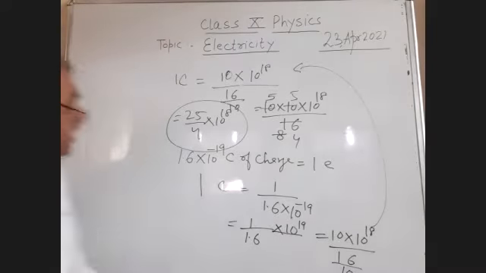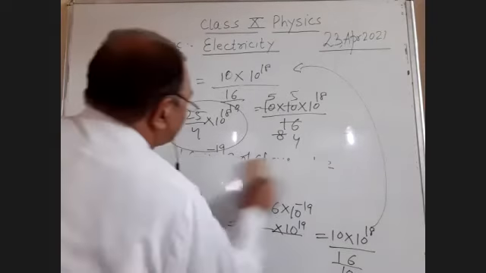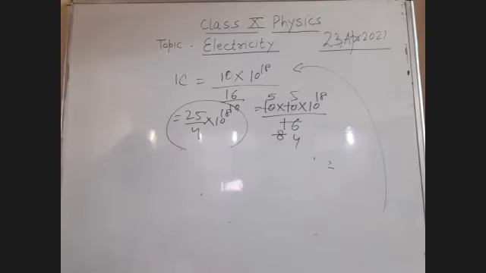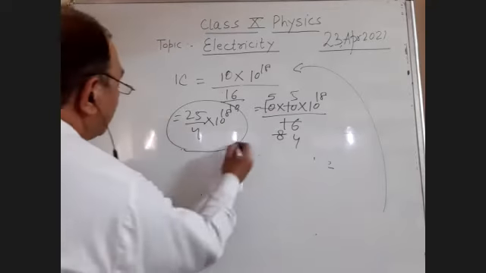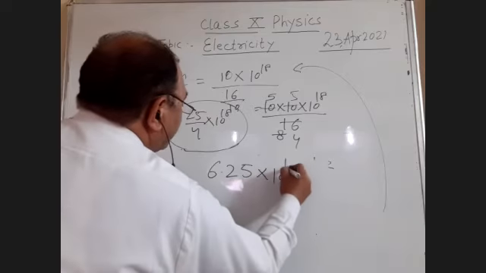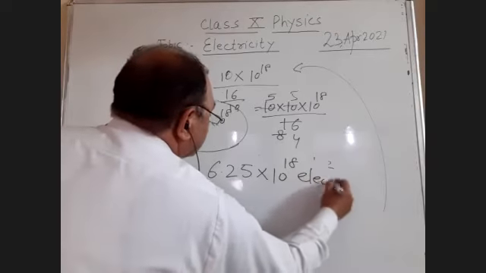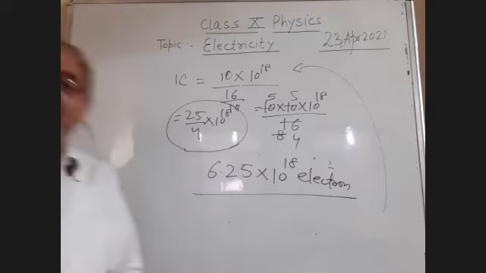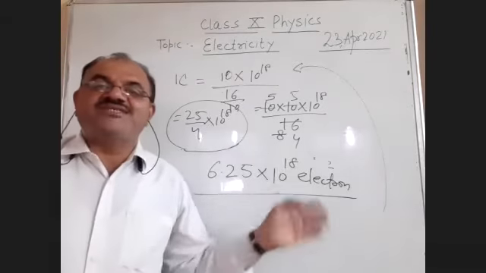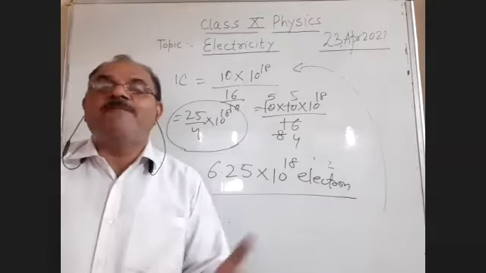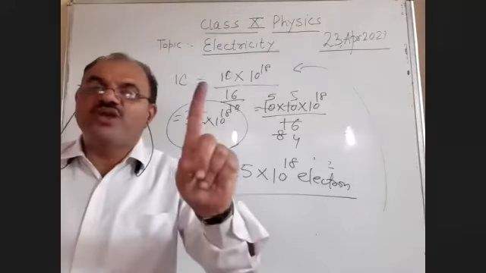Is it clear, students? So I get 6.25 into 10 raised to the power 18 electrons as the answer of this question number 3 of your NCERT, because in this question it was asked to calculate the number of electrons in 1 coulomb of charge, students.